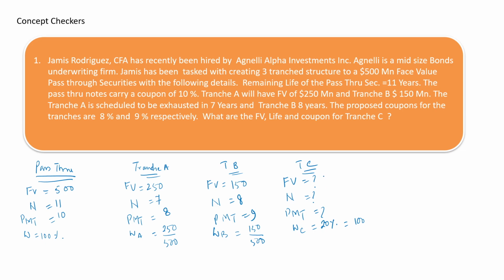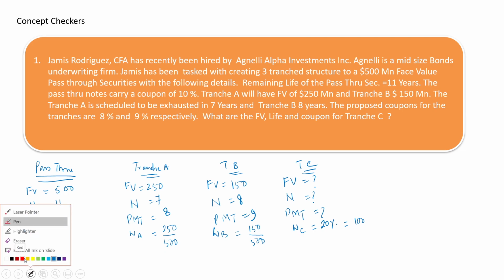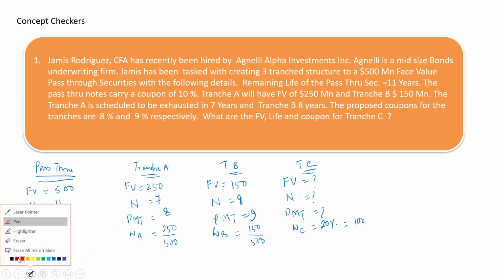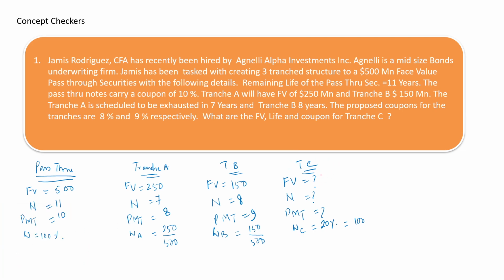So from here, the first answer that we got is that the face value of tranche C is 100 million. Watch how 250 plus 150 plus 100 becomes $500 million.